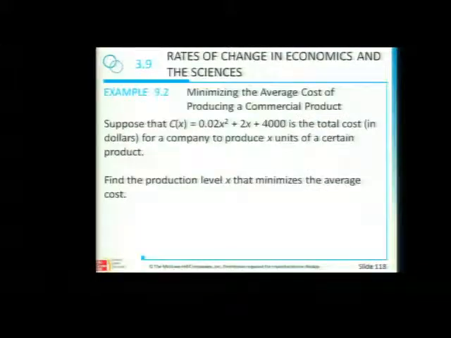In this example, we are given the cost function, C(x), the total cost, and we want to minimize the average cost. So how many products should the company produce in order to minimize the average cost?